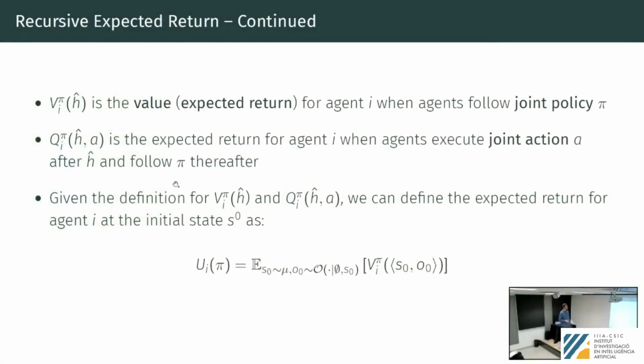And so lastly, given the definition of V and Q, we define the expected return for agent I by basically starting from the initial state and feeding the initial state and the initial observation into V. So that's basically the root of the tree. And if you now execute this recursion, you could recursively construct this tree step by step, basically, in all the branching. And again, that's like infinite.